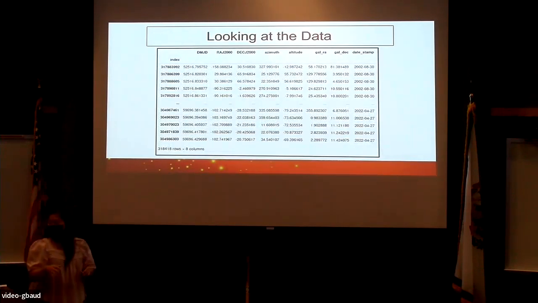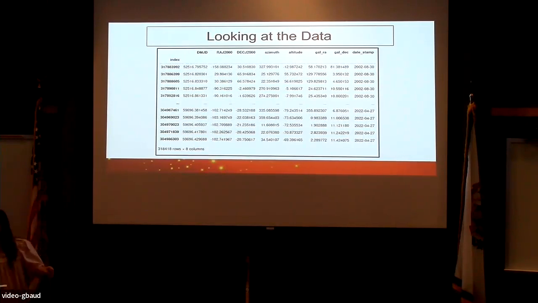In the table of the 300K subsample that I work with primarily, I have the modified Julian date, the right ascension, the declination, and the azimuth and elevation of the antenna data. From the baseline data, I was able to get the galactic right ascension, the galactic declination, and the date stamp from the modified Julian date.